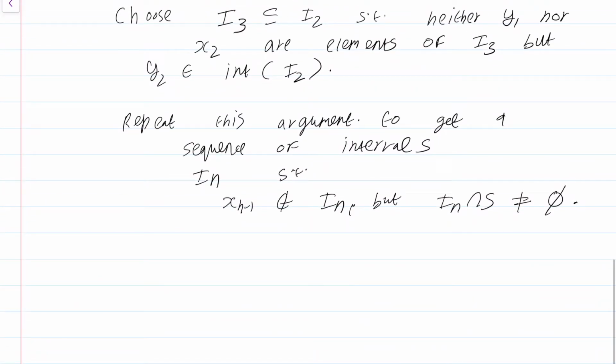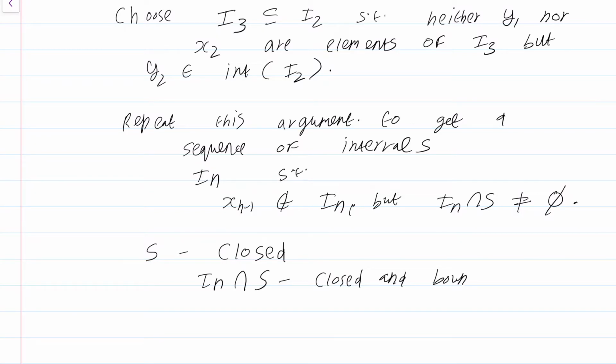Okay. Now S, if it were a perfect set, S would be closed. Therefore, In intersect S will be closed and bounded, and therefore compact, by the Heine-Borel theorem.